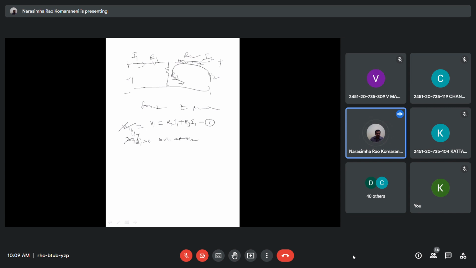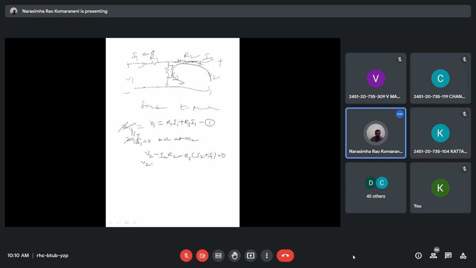Therefore V2 minus I2 R2 minus R3 of I2 plus I1 is equal to 0.